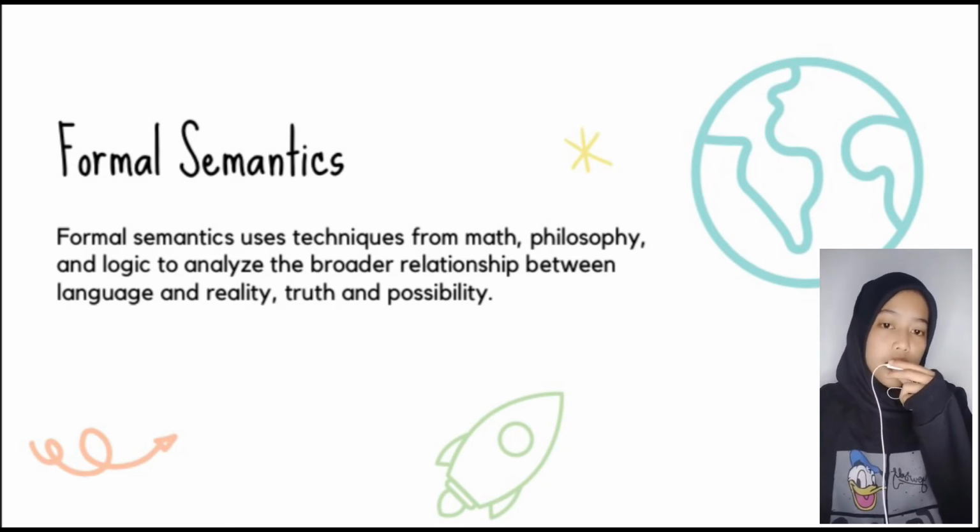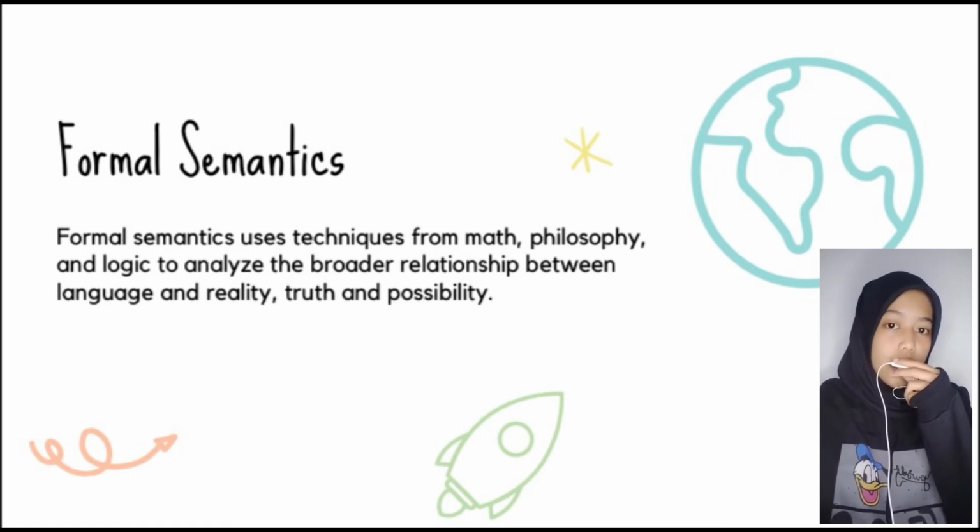Formal semantics uses techniques from math, philosophy, and logic to analyze the broader relationship between language and reality, truth, and possibility. Has your teacher ever asked you to use an if-then question? It breaks apart lines of information to detect the underlying meaning or consequence of events.